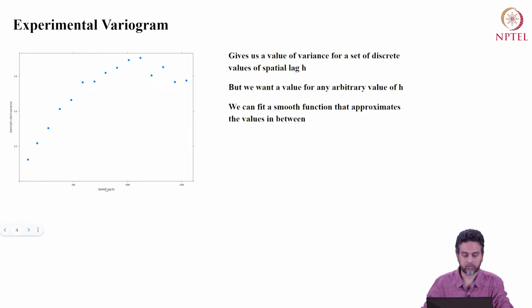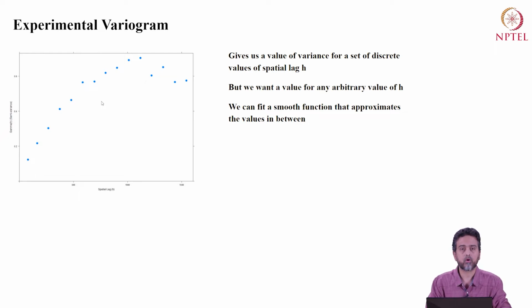So for h values 1, 2, 3, maybe 10 to 20 values of spatial lag, we know the value of semivariance. So we have some idea that at these different values of h, this is the value of variance in zinc concentrations, for example.